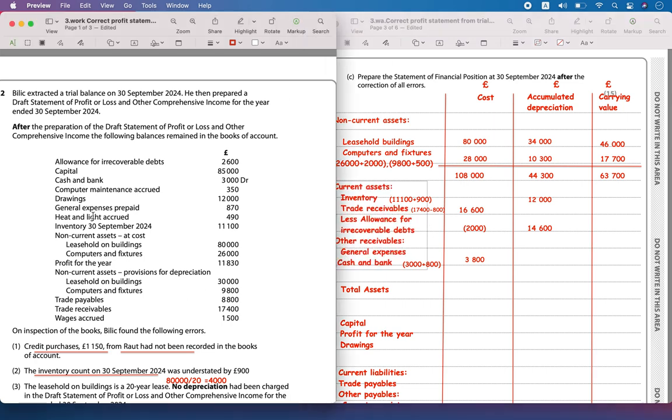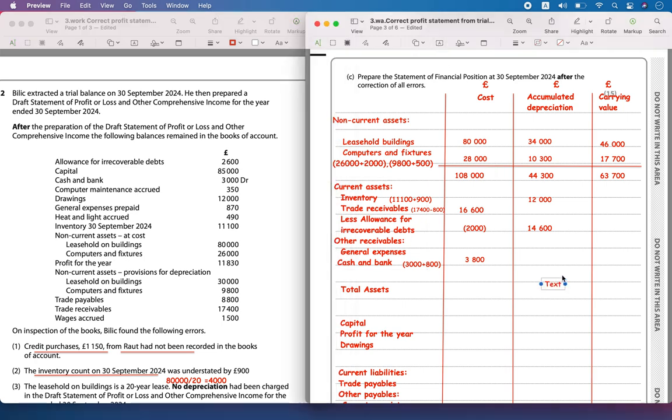Okay, so what happened to the general expenses? 870 had got prepaid, so that one we have to put. Because it's a prepaid expense, it becomes an asset, so we put 870 here.